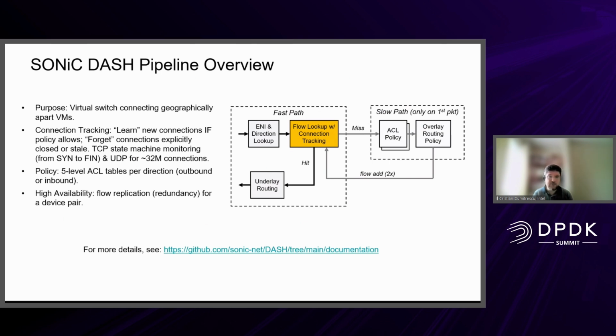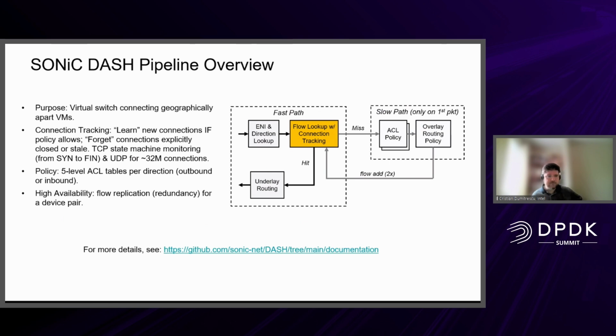So in order to reuse the table space, the memory, and all the resources like meters, counters, anything else we might have in the data plane for a connection, we also need to keep track of what's happening after we add a connection and remove it from the connection table or the flow table as soon as we can safely do so, right?